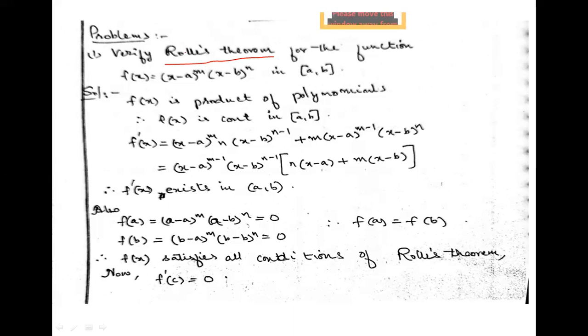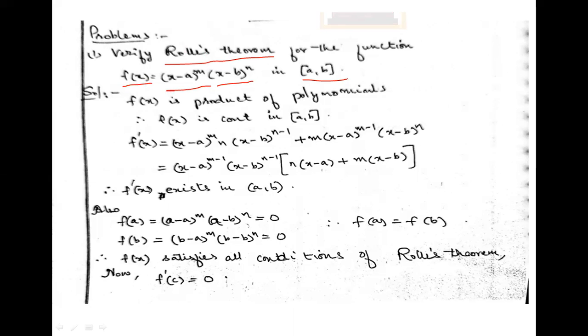Verify Rolle's theorem for the function f of x is equal to (x minus a) power m, (x minus b) power n. This is the function given to us in closed interval a comma b.